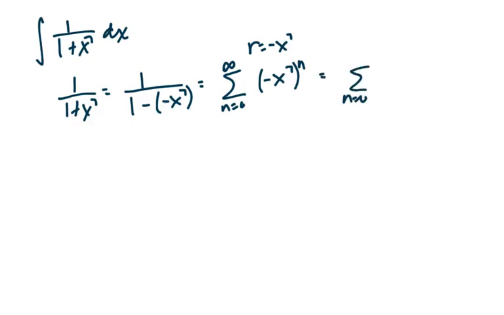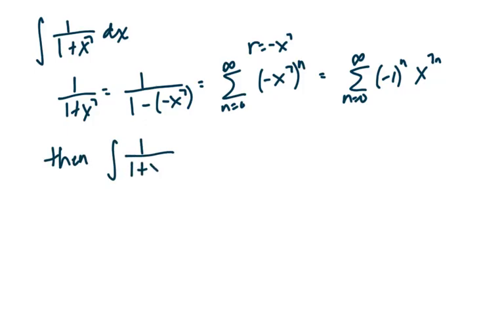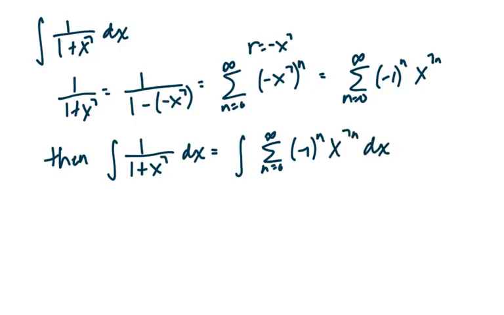So we have the sum from n equals 0 to infinity. This becomes negative 1 to the nth and x to the 7n. So if we list terms, I don't know that we need to. We've written it in this form. So if we integrate it term by term, we can say then the integration of 1 over 1 plus x to the 7th dx equals the integration of the power series, negative 1 to the n, x to the 7n, with respect to x.